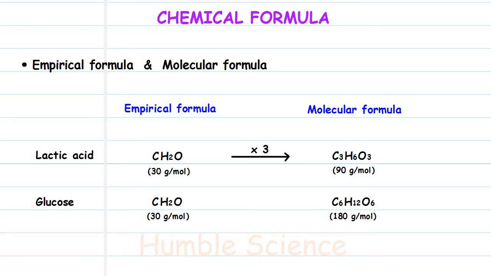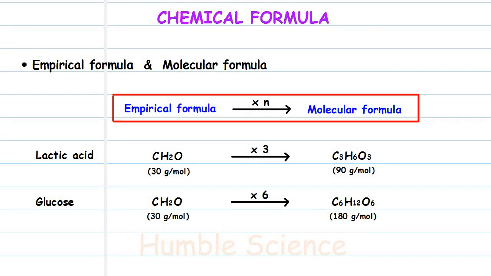So, in order to convert empirical formula into molecular formula, we just have to multiply by 6. In general, if we want to convert the empirical formula into molecular formula, we just have to multiply by a whole number n. And this n can be 1, 2, 3, 4 or whatever, depending on specific compounds.